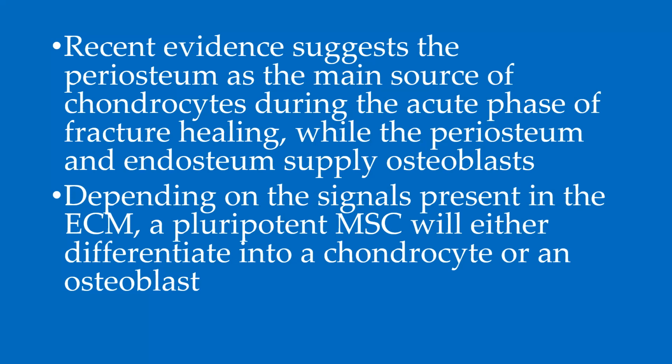I go back again: the origin of all these cells is the mesenchymal cells. They supply chondrocytes and osteoblasts. The periosteum supplies more chondrocytes. The osteoblasts are being supplied by the endosteal region. What I mean by endosteal region is within the medullary canal of the intact bone.